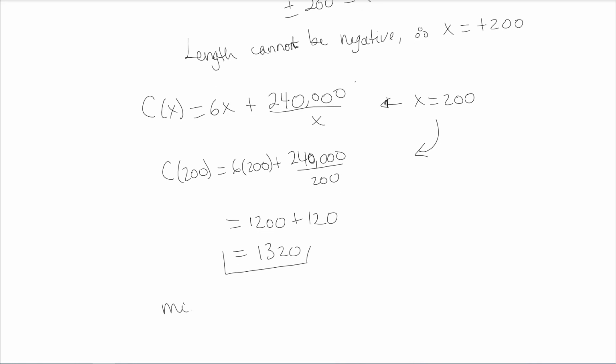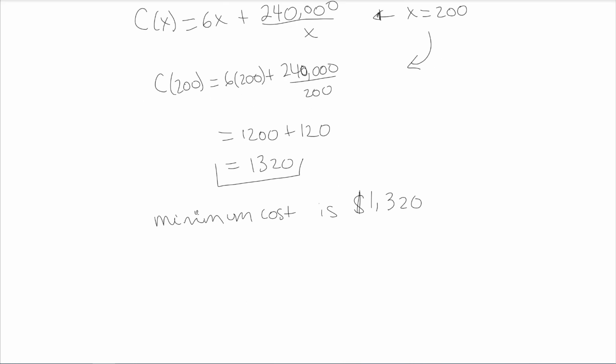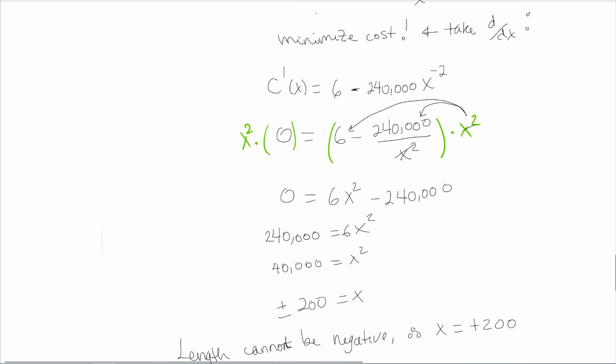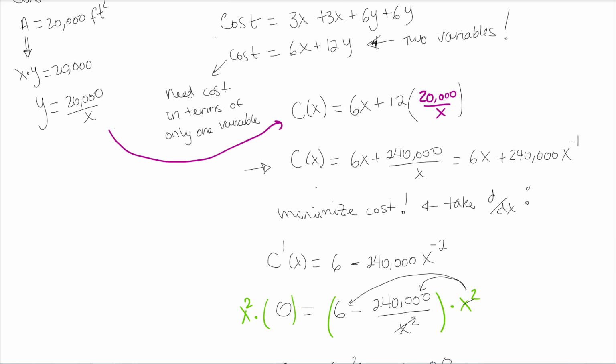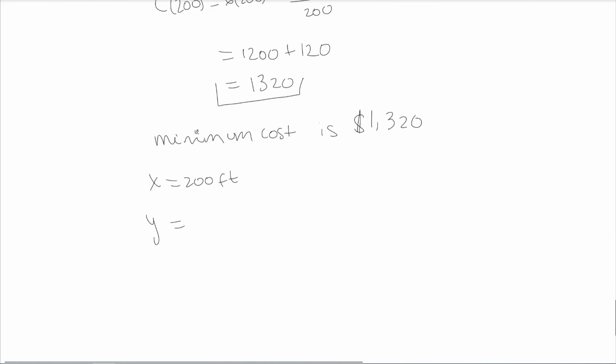So the minimum cost is 1,320. If we wanted to know the dimensions of the area that we can enclose for this amount of fencing, then we will say, well, I know that the x is 200 feet. So you find y, and remember we found y above was 20,000 divided by x.